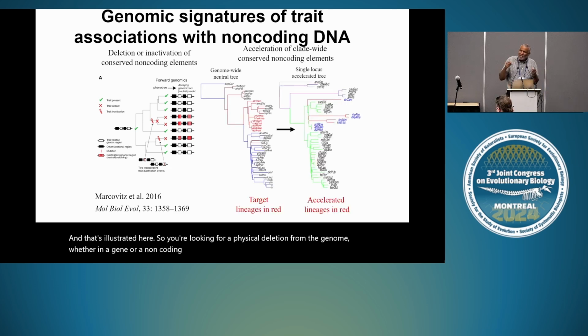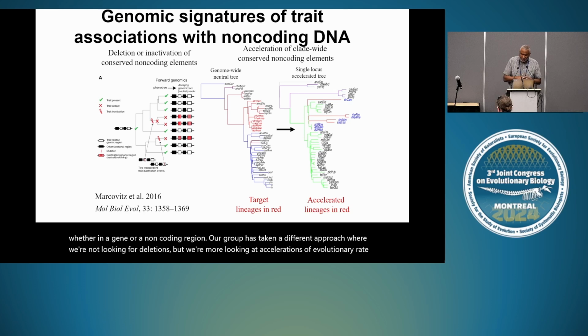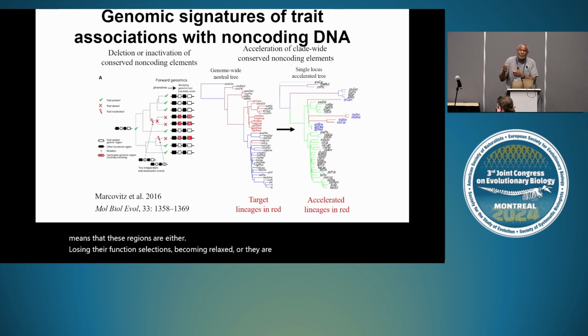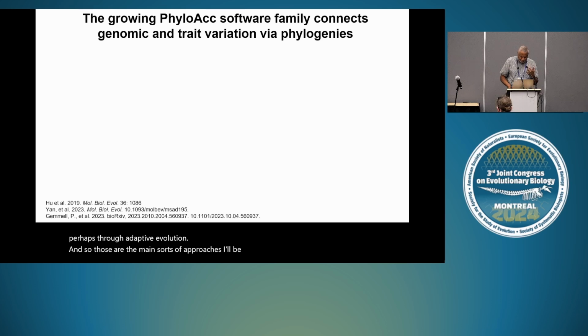Our group has taken a different approach where we're not looking for deletions, but we're more looking at accelerations of evolutionary rate, primarily of non-coding regions. Of course, accelerations of formerly conserved regions means that these regions are either losing their function, selection is becoming relaxed, or they are achieving a new function, perhaps through adaptive evolution. And so those are the main sorts of approaches I'll be talking about today.